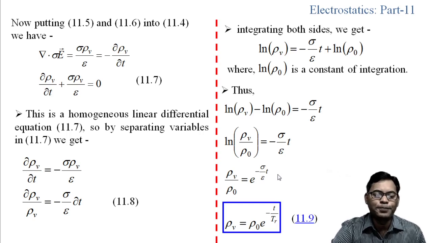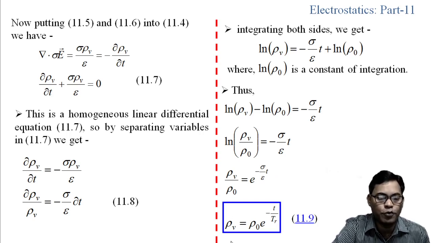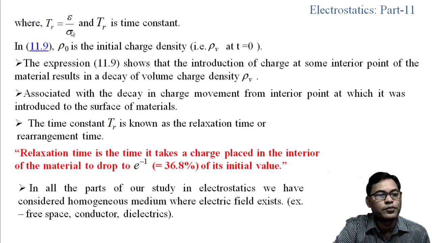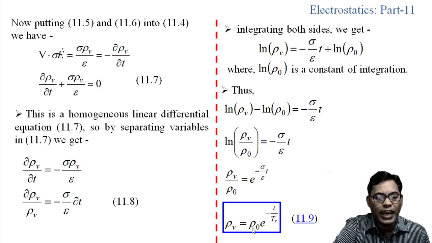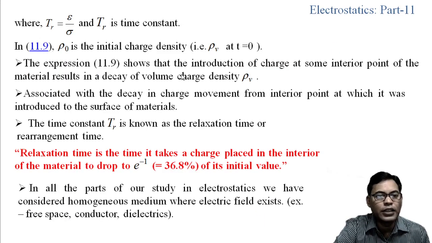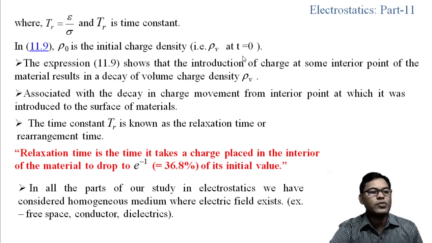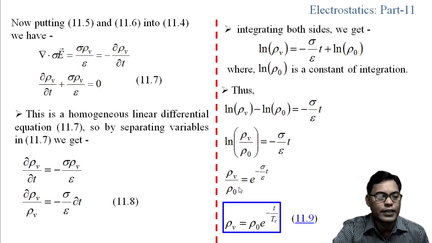So finally the expression of rho V is rho naught into e to the power of minus t by TR. Here TR is epsilon by sigma, and this TR is called the time constant. And rho naught is the initial charge density at time t equals 0, in this expression 11.9.